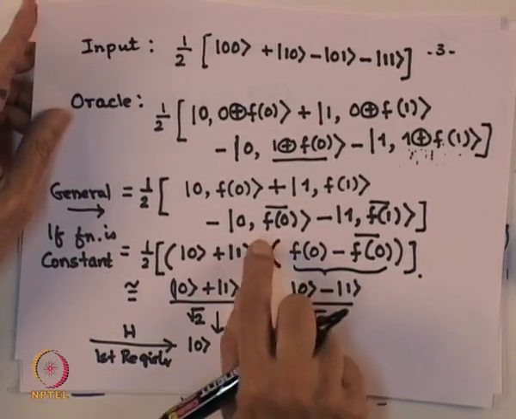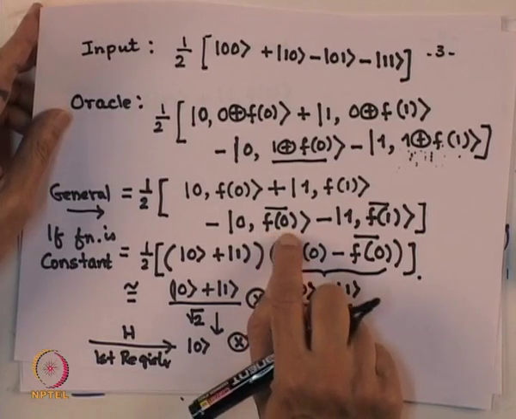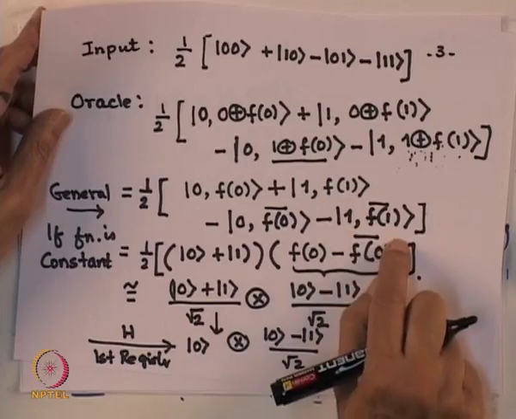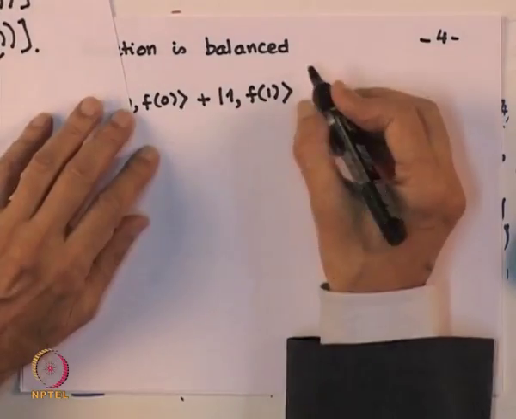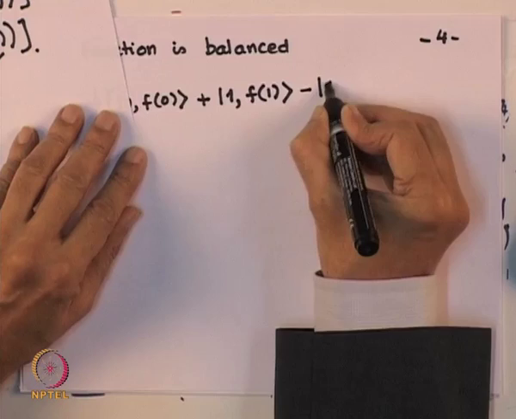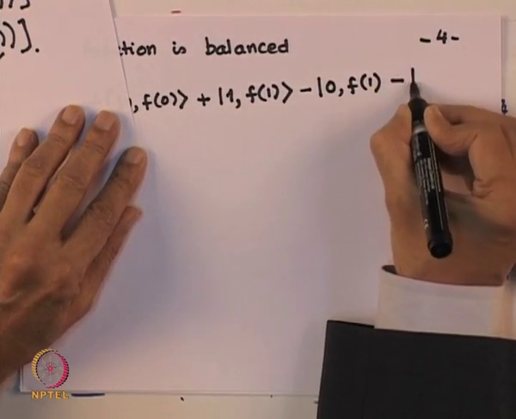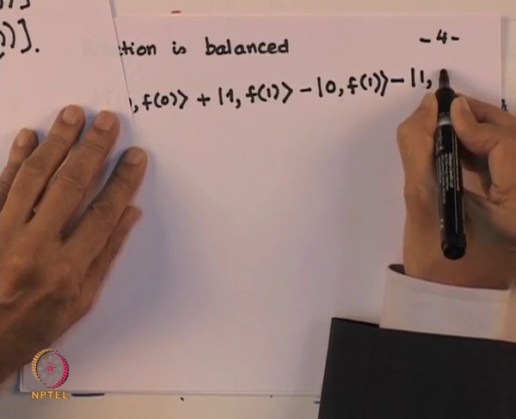Now since it is a balanced function, my f0 bar is the same as f1 and f1 bar is the same as f0. So therefore, I write this term as 0 f1 minus 1 f0.